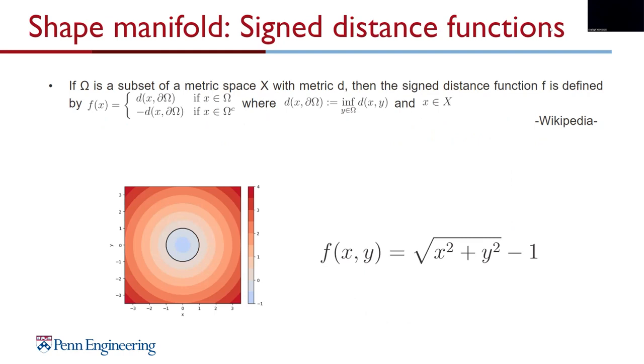And when the point is inside of the object, you just have a flipped sign. So that's the meaning of the signed distance function. If you go further, it is actually the minimum distance between a point x and a point y, where point y lies on the surface of the manifold.